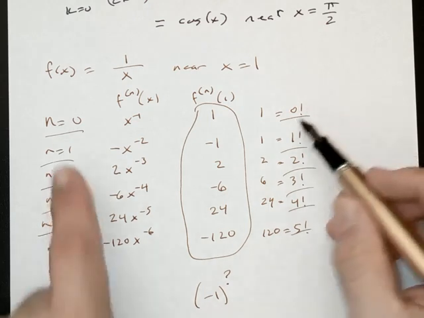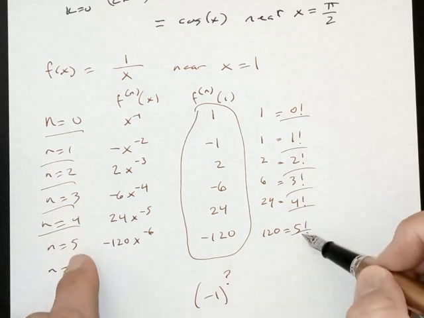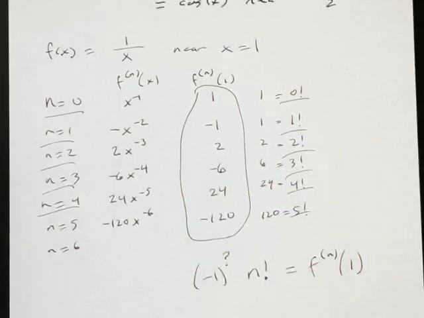And the n matches the factorial all the way down. Now all I have to do is figure out what that exponent should be. I want it to be positive for the even numbers and negative for the odd numbers.